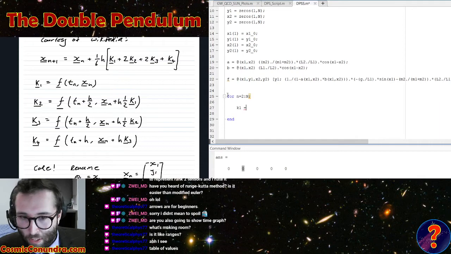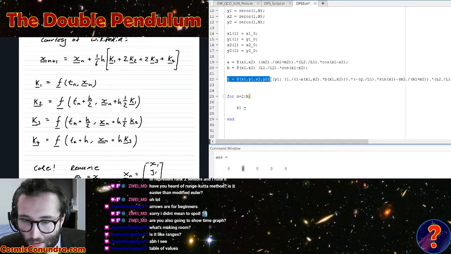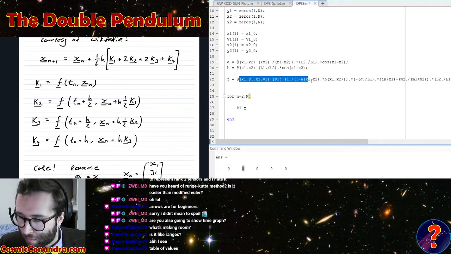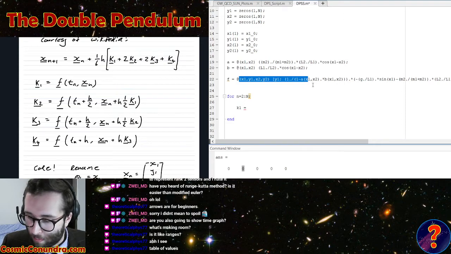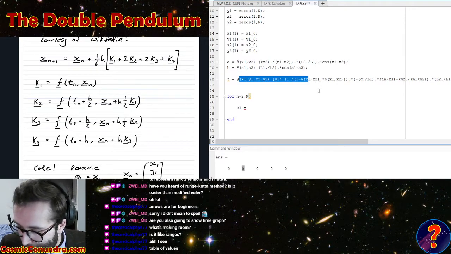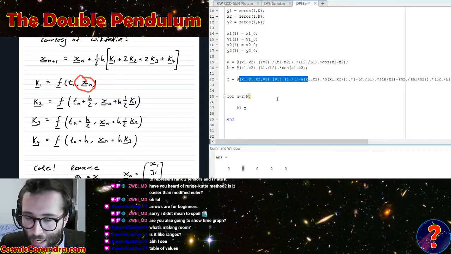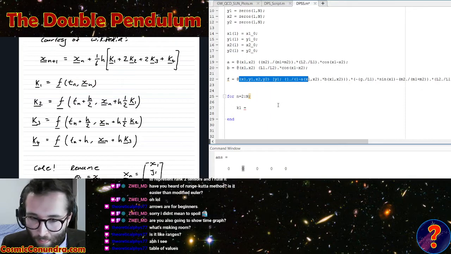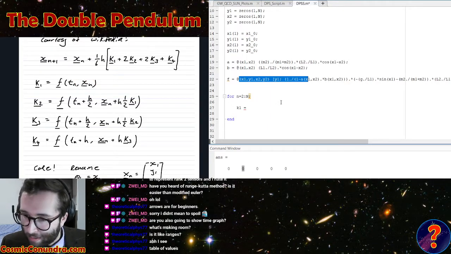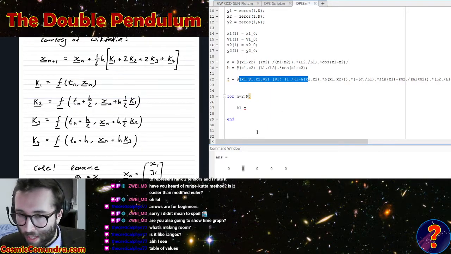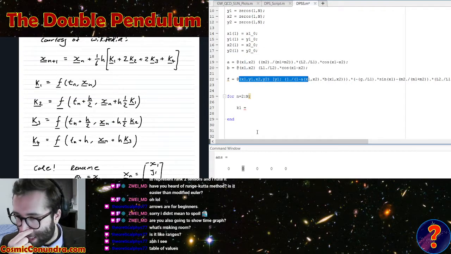So I have my function f that is described here. All I need to do is evaluate the function f, which was this right-hand side, this horrible 4×1 vector, at these particular points. First I evaluate it at the point n, which initially will be grid point 1, which will then help us calculate grid point 2, which we'll then use to calculate grid point 3, and so on.